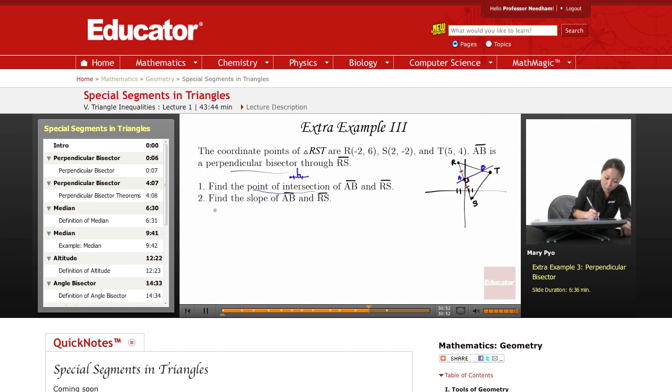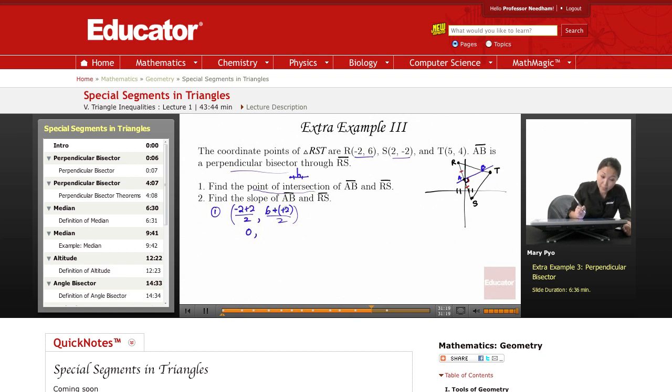So number 1, midpoint of RS, I'm going to use these 2 points. Remember, to find the midpoint, I'm going to add up my x's, divide it by 2, and add up my y's. 6 minus -2 divided by 2 is going to be 0, comma.